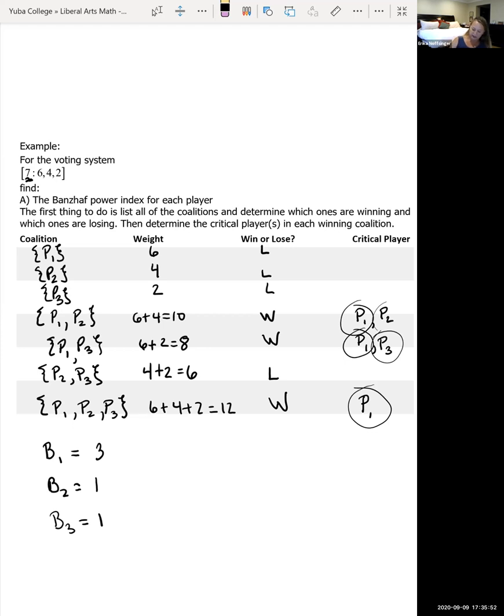Then we looked at the beta, the Banzhaf power index.